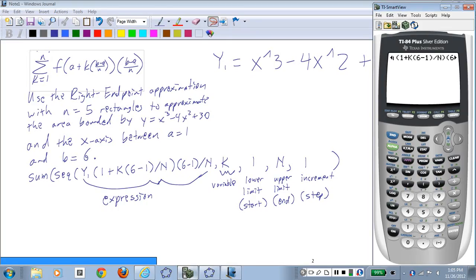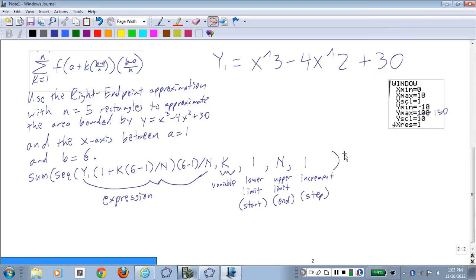And one more parenthesis probably at the end. I doubt that the calculator will require it, but it won't hurt. Because this will give the sequence and then another parenthesis to match the one in between the sum and the sequence there. Now, we have to tell the calculator what n is. N equals 5 in this case.